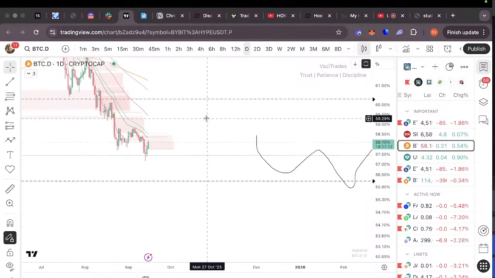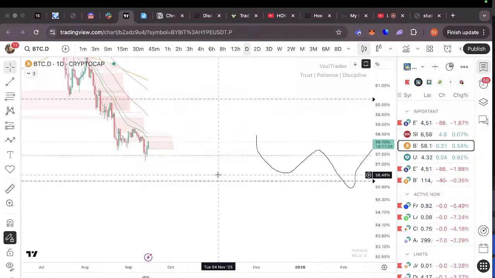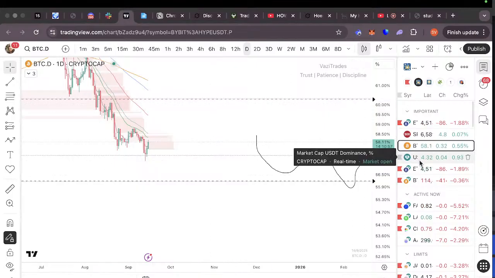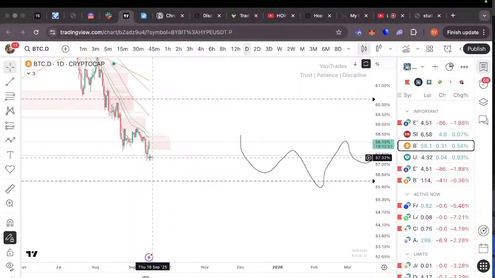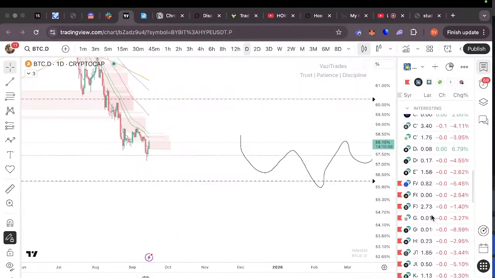It tells you that, okay, there should be a bounce soon. This is a signal for you from the market to be careful with your long positions. If Bitcoin dominance with US dominance is pumping, this is bad for the crypto market. Okay, and that's why it's not surprising that today we see red candles.